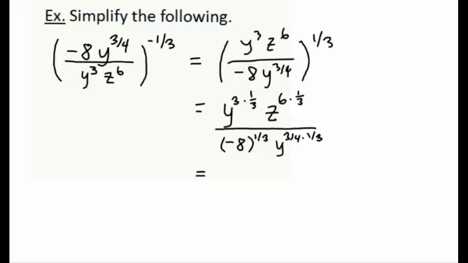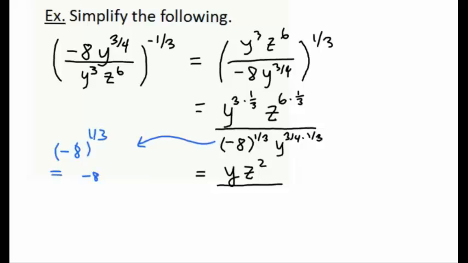So let's simplify some of these multiplications. y to the 3 times 1 over 3 is just going to be y. z to the 6 times 1 over 3 is z squared. In the denominator, we're going to think of the 1 over 3 as the cubed root of negative 8. So I'm just going to draw that over here in blue. So I'm thinking about this as equivalent to negative 8 underneath a cube root.